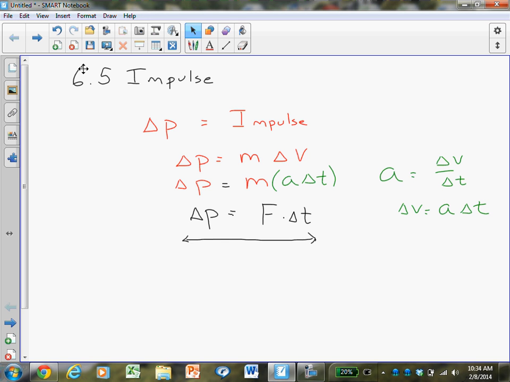So when two things collide, they hit each other, and that brings into mind Newton's third law. And they hit each other with the same force and over the same time.